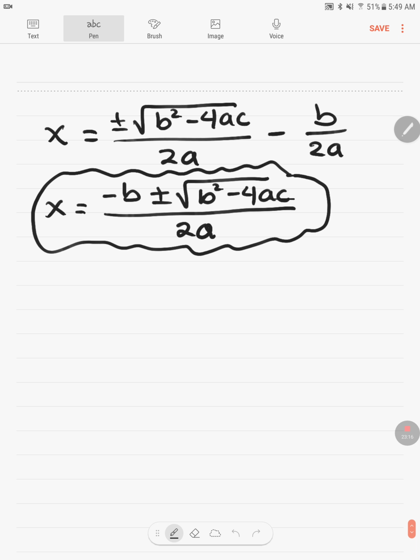And we see that if we know a, b, and c, we could get the values of x, because it will have two values, because we have a plus and a minus sign. The plus will give us one value, the minus will give us one value, and this is enough for this lesson. I'll continue on the next one.